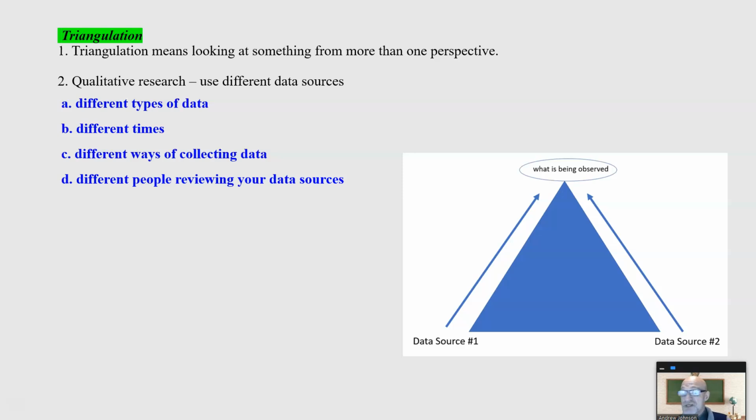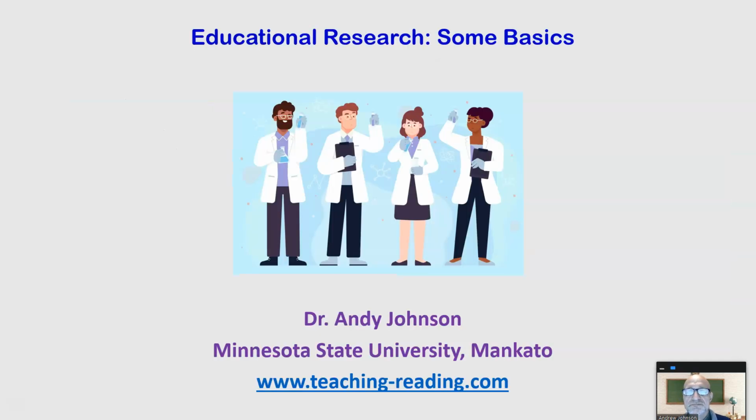Looking at things at different times, different ways of collecting data, and having different people review your data and data sources. That is triangulation. Validity: does the thing measure what it purports to measure? Reliability: will I get the same results? And triangulation: looking at something from more than one perspective. Just some basics of educational research.